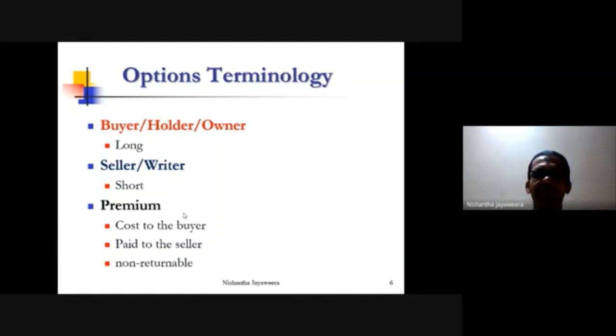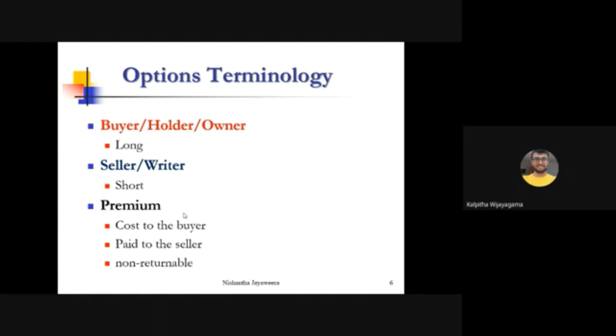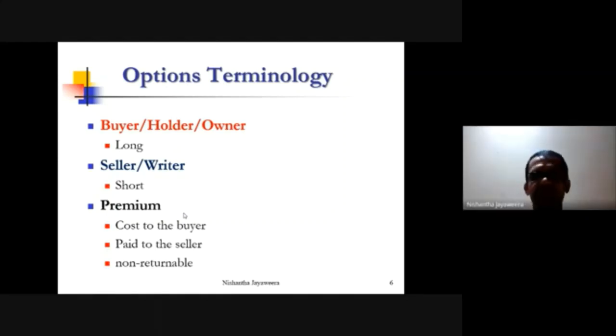And it's non-refundable. Premium is paid by the buyer to the seller of the option and it's non-refundable. It is the price of the option. That's the premium, the price you pay to acquire the right.